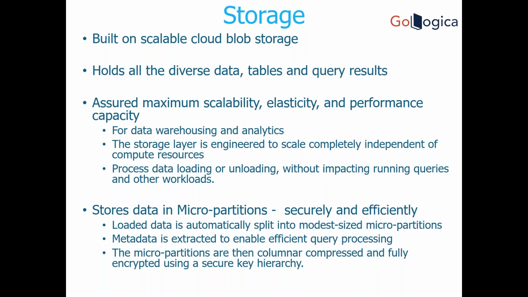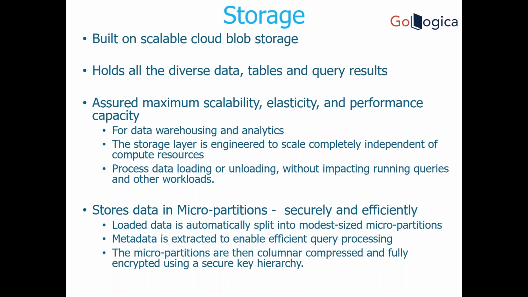The data is stored in micro partitions. Normally in a database, you know that there are partitions. Each table can be stored in multiple partitions, and to get better performance we use partitions, right? Here also we use partitions. These are called micro partitions because the size is comparatively small: a maximum of 16 MB of compressed data, or a maximum of 500 MB of uncompressed data, stored in one single partition.